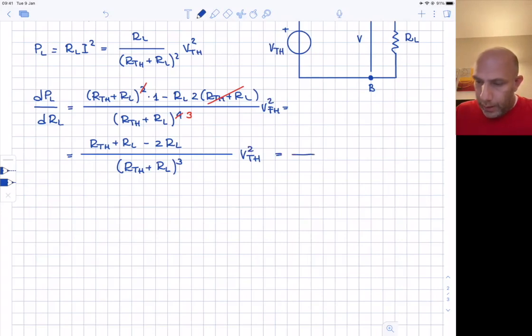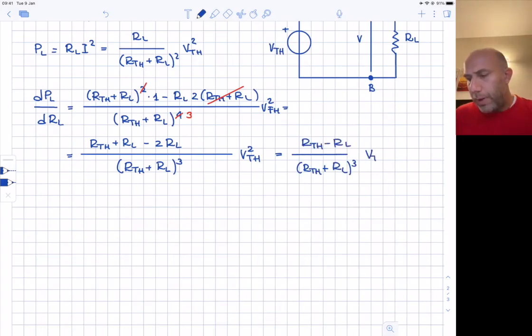So the denominator is still (RTH plus RL) cubed. The numerator is RTH minus RL, and everything is multiplied by VTH squared.